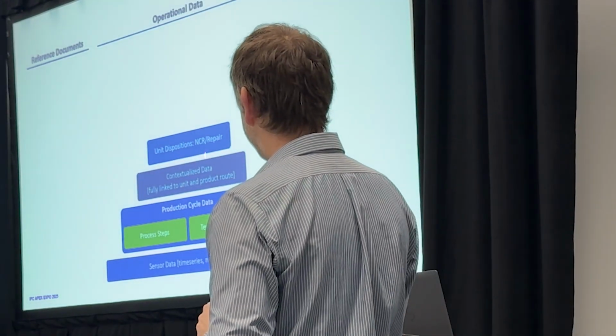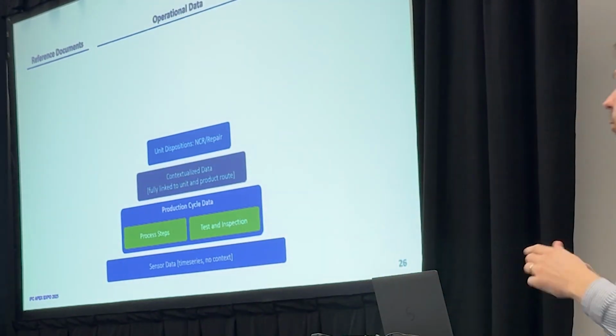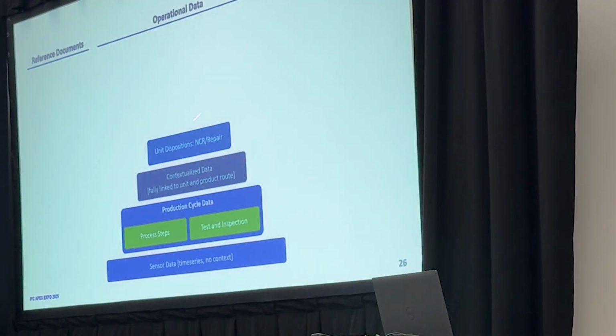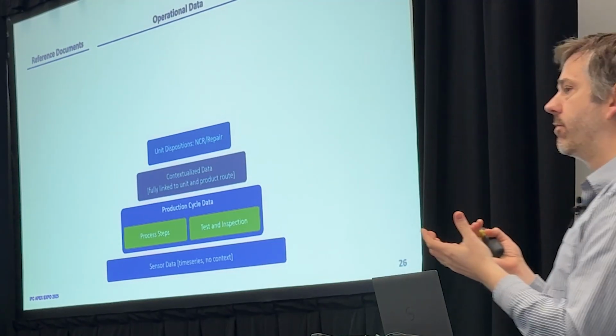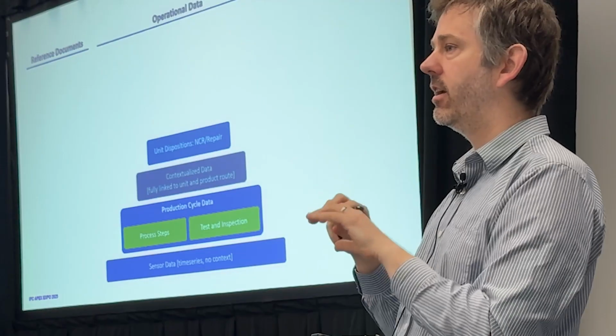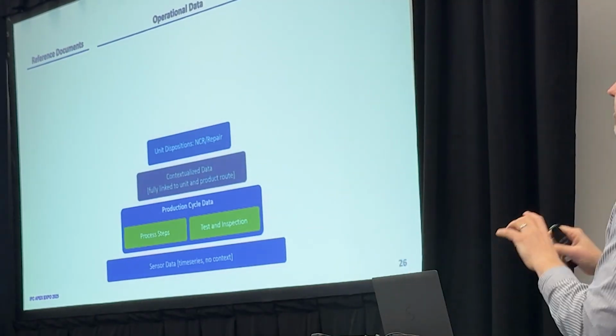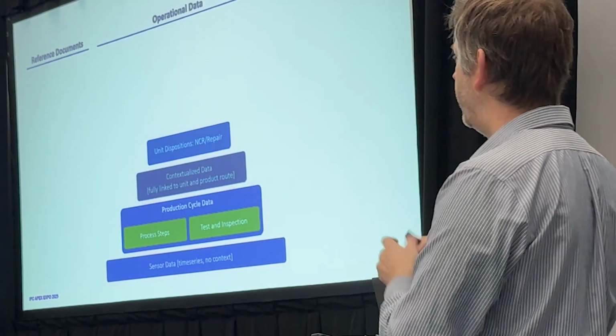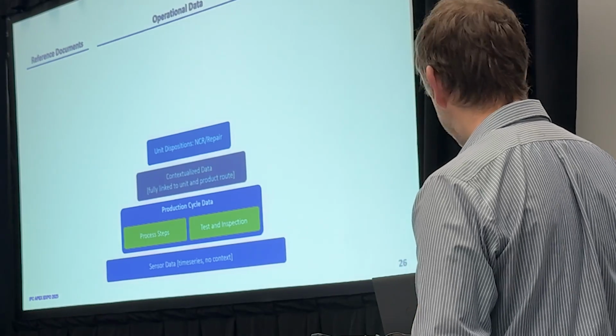And then on top of that, you might have one higher level of data, which is, based on all of this, what are the non-conformances that were found in the unit? What are the repairs that were done? Some top level of human-aided analysis or understanding on top of that data.